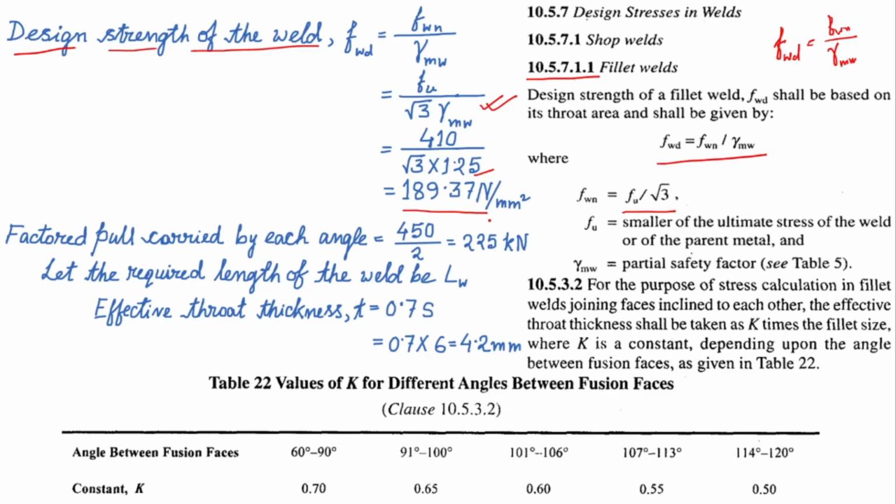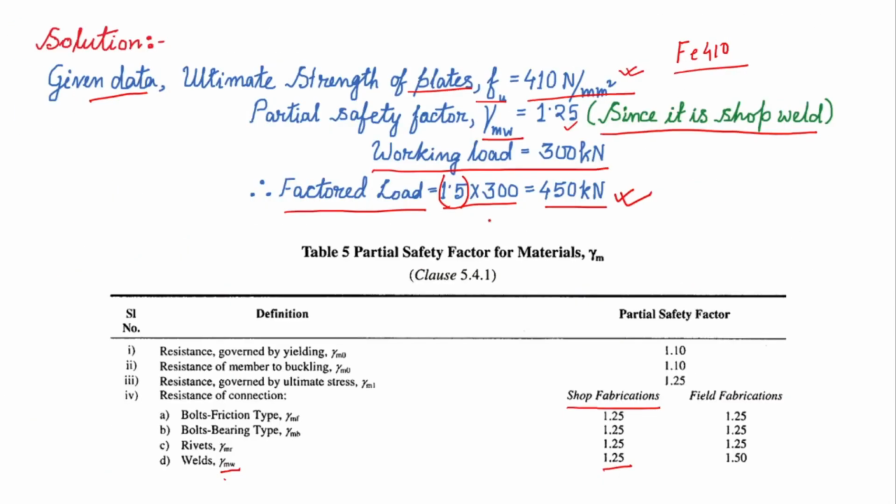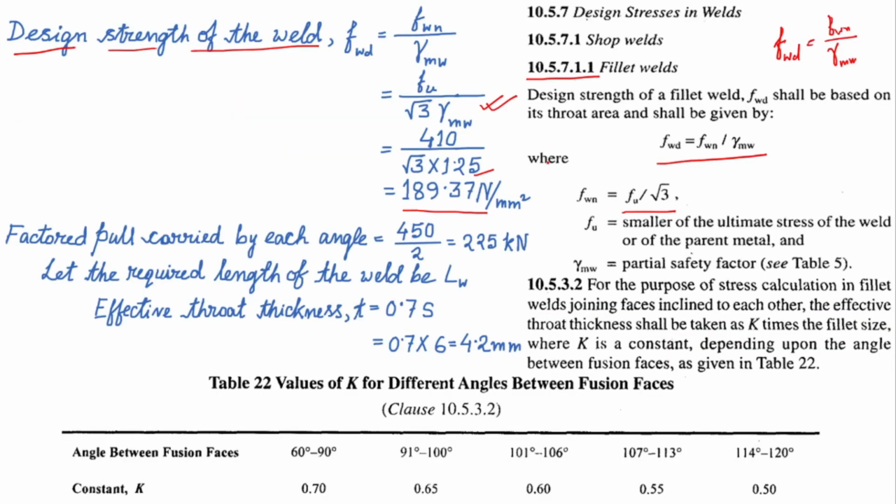Next, the connection is to be designed for a factored load of 450 kilonewton. Now with the gusset plate I have to attach two angles. So the total 450 kilonewton load will be equally borne by each angle.